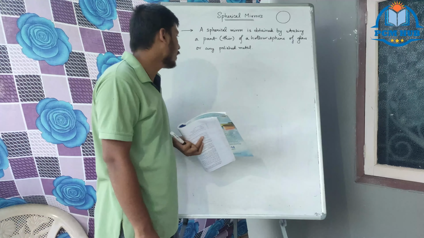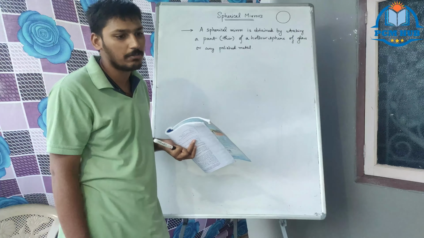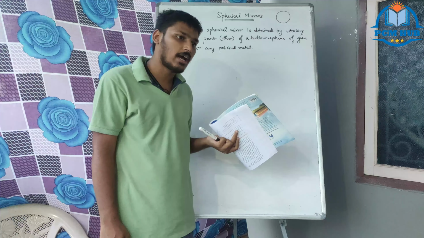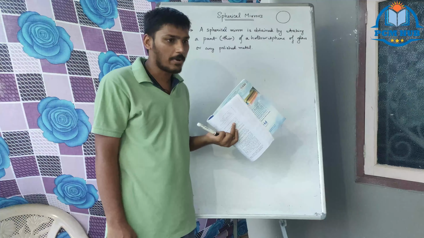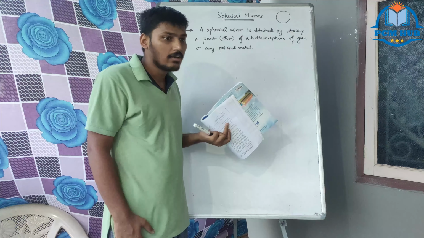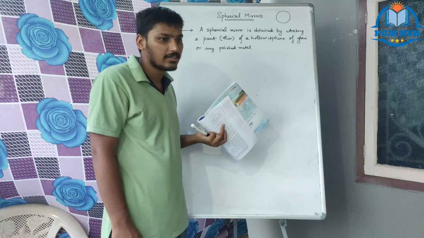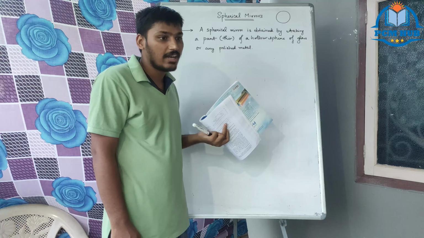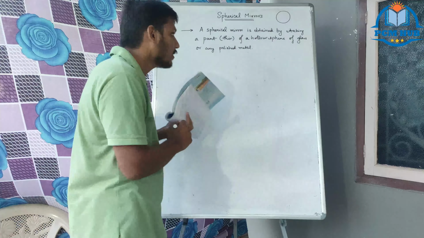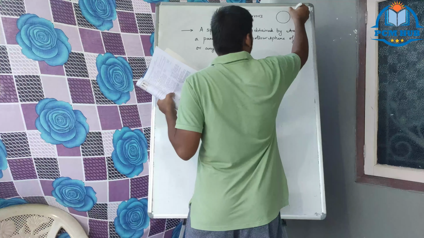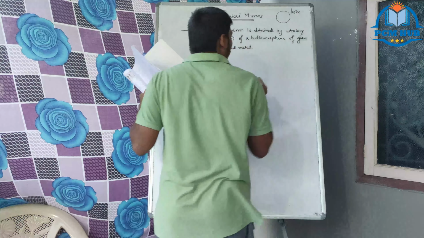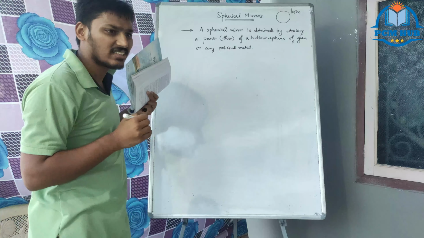A hollow sphere of glass or any polished metal. Why polished metal? Because other than glass, metal also has the property of reflection. Why? Because metals are shiny. They give luster. They have the property called luster. This we learnt in our 8th class. All metals are lustrous.